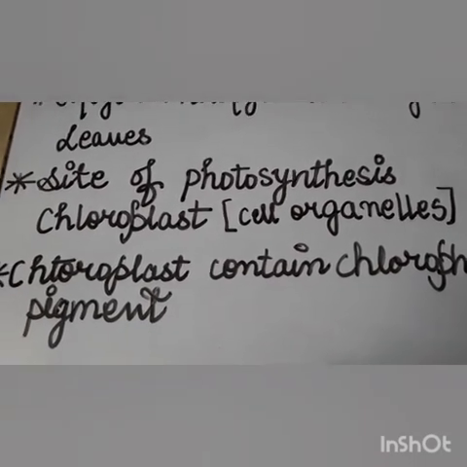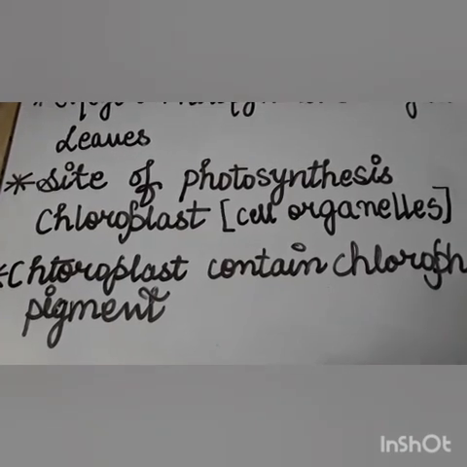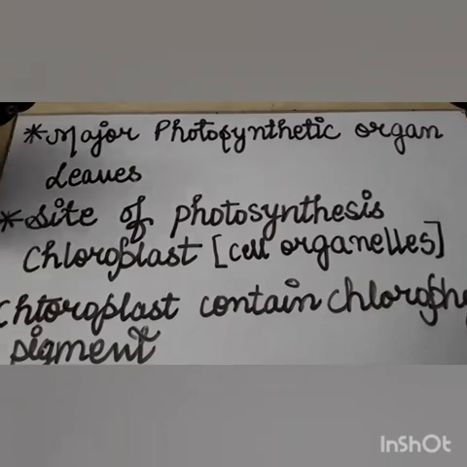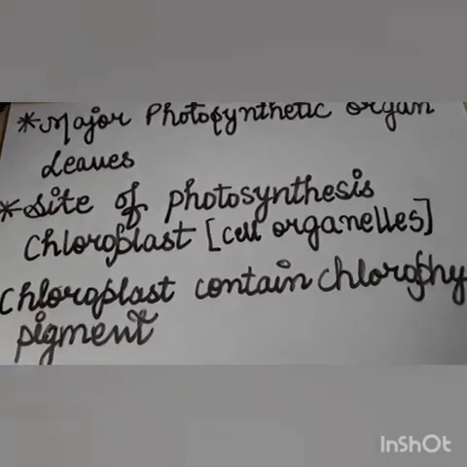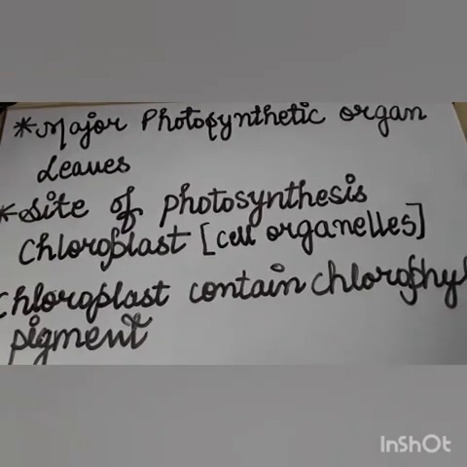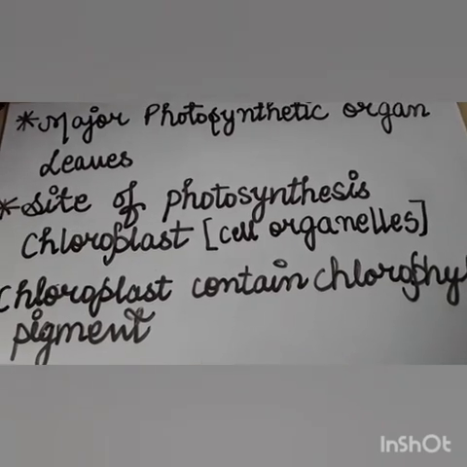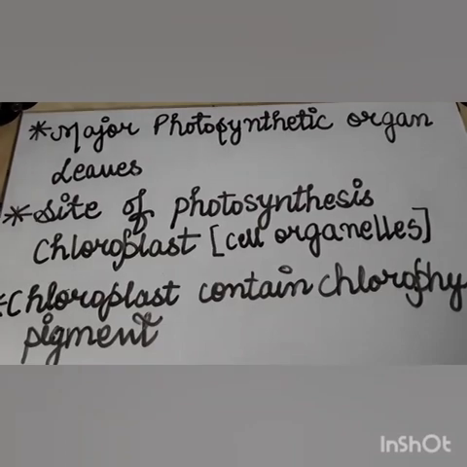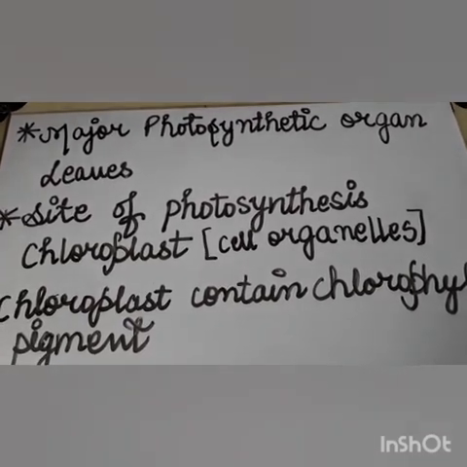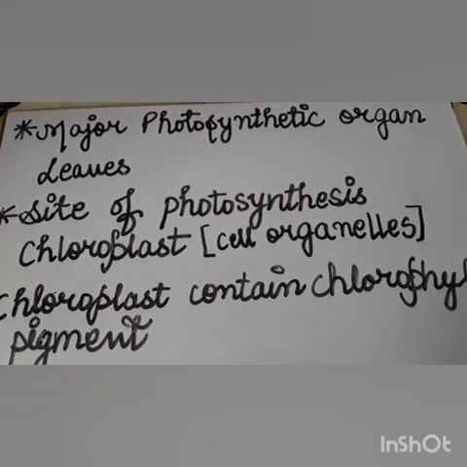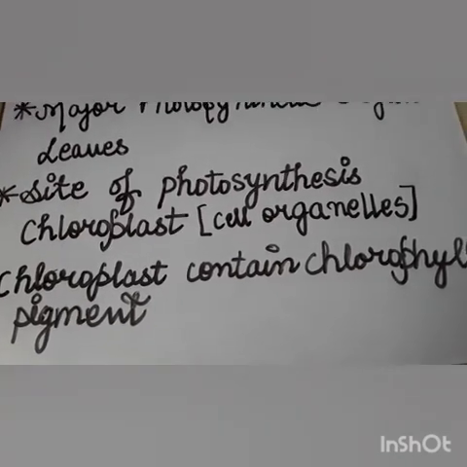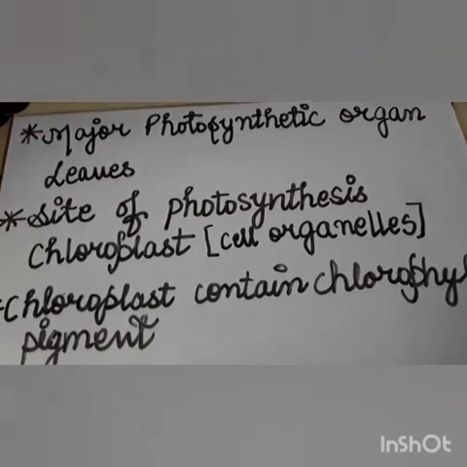Chloroplast is a cell organelle specially found in mesophyll cells, and I will tell you about this further. And chloroplasts contain chlorophyll pigment in them. So got it? Major photosynthetic organs are leaves, and in leaves chloroplasts are the site of photosynthesis because they contain chlorophyll pigment.